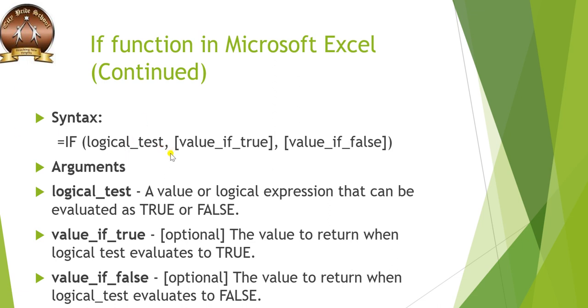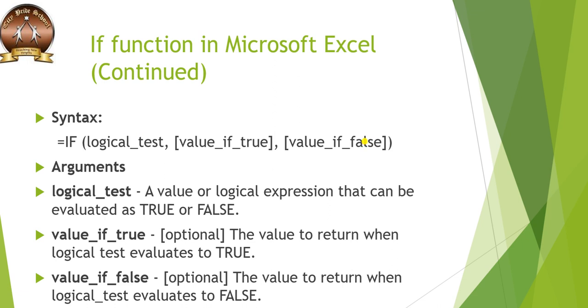Then a comma, then what result should be displayed if this logical test is true. That is the value if true, and if this logical test is false, you have to write here the value if false. Okay, so this is the way you can write the IF condition.